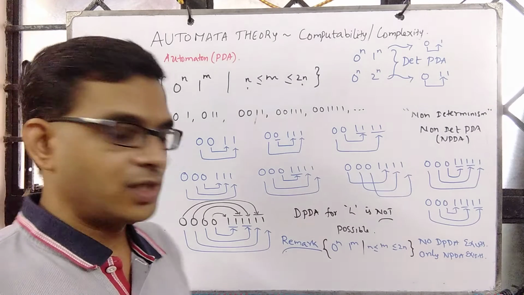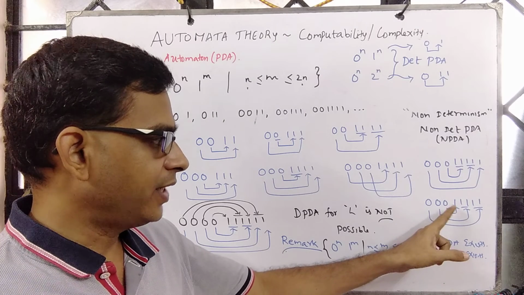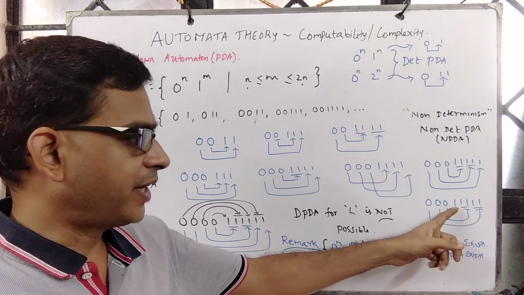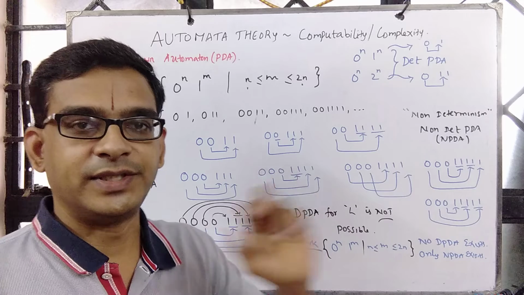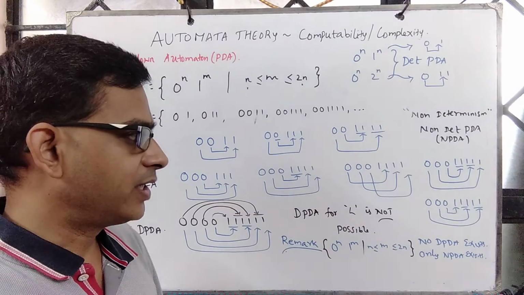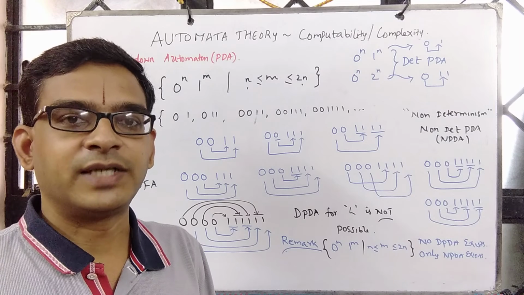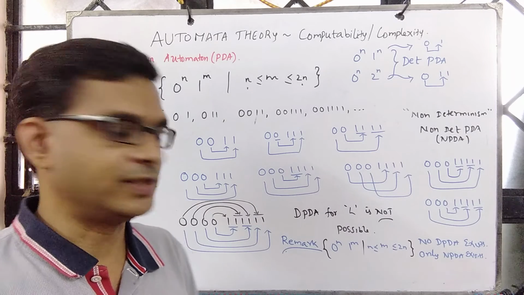Which means when you are at a state, say Q0, on reading a 0, you are guessing: should I map it to 1 1, or should I map it to 2 ones? So delta of Q0 comma 0, you have more than one transition. When we formally describe it, you will have more than one transition.